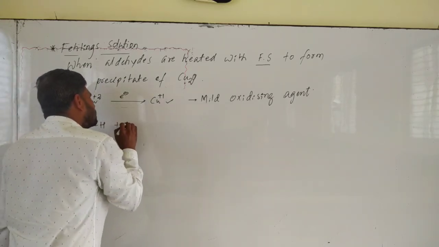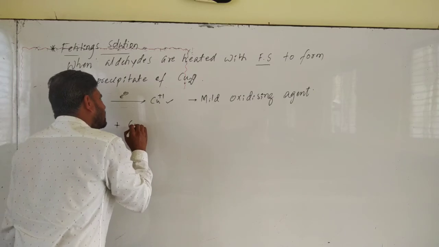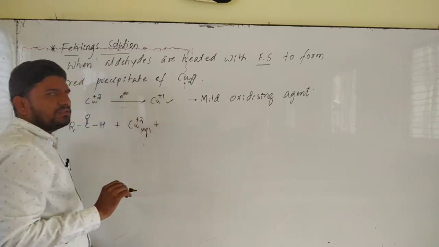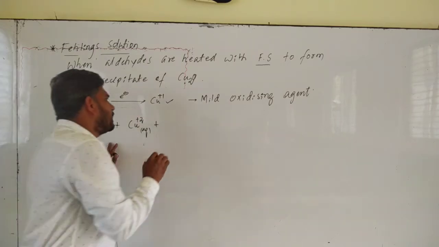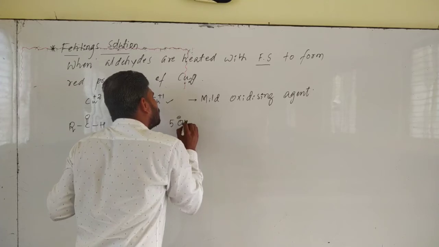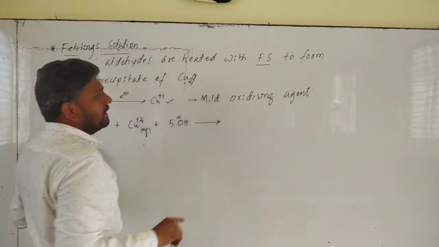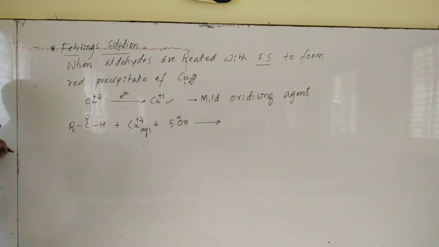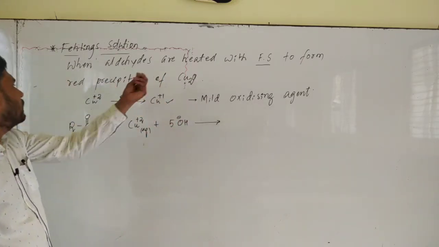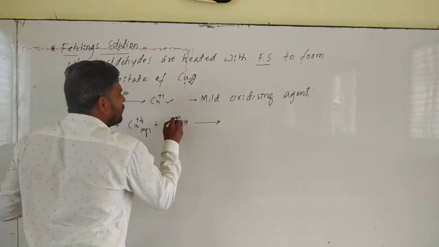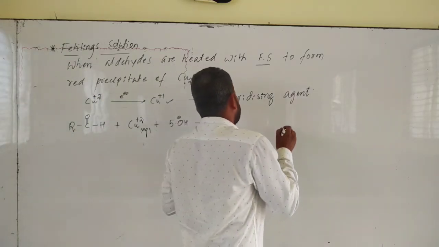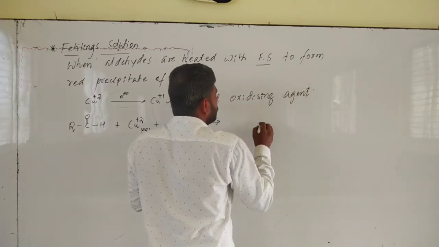Now see what will happen, how to write the reaction when aldehydes, RCHO, react with this Fehling solution, where the active species, copper 2+, as I just told you, is the active species. This happens in presence of a base. You know already that Fehling's B is a mixture of sodium potassium tartrate in sodium hydroxide. What will happen? Out of 5 OH minus, 1 OH minus takes this H plus to become what? H2O.